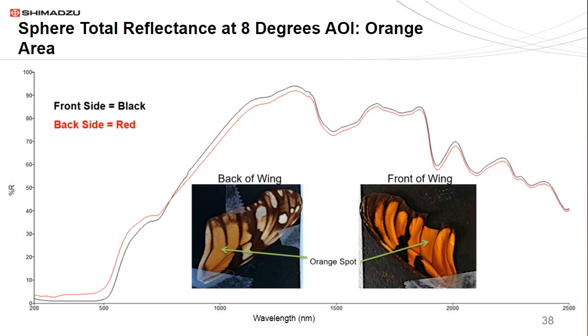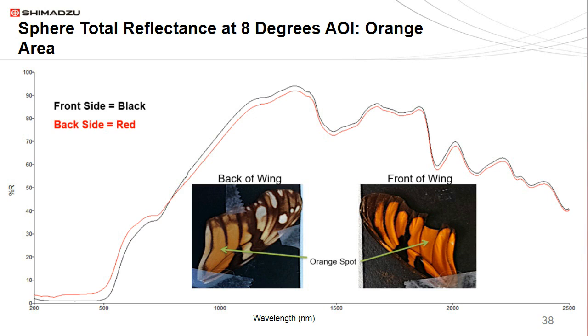If we look at the spectra here, we see an isoreflective point at around 800 nanometers, where the front and the back of the wing are equally reflective, and then the back side becomes slightly higher than the front side.